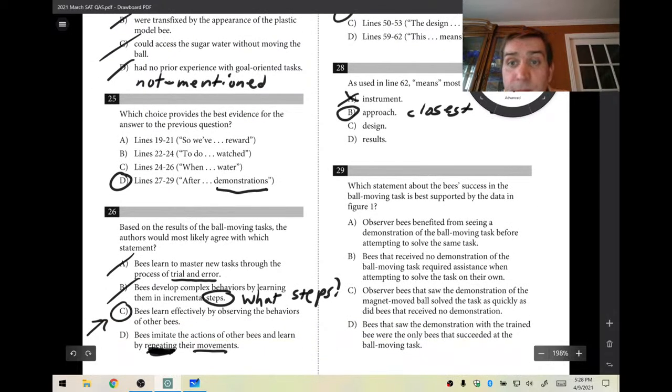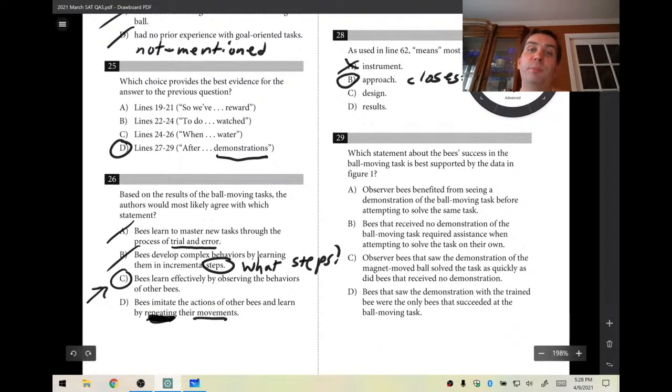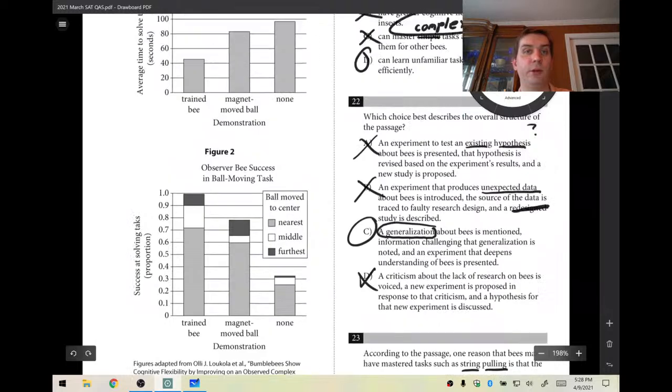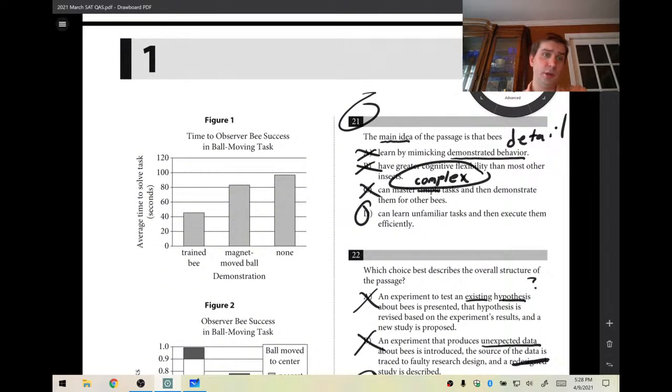Which statement about the bee's success in the ball moving task is best supported by the data in figure 1? Well, let's look at figure 1. So it took a trained bee an average of a little over 40 seconds to become a bee succeeder, a bee ball mover. It took the magnet moving ball demonstration.